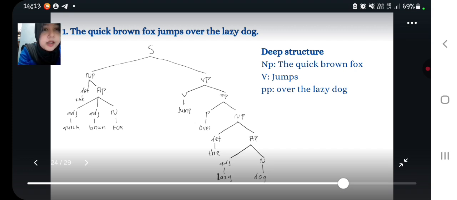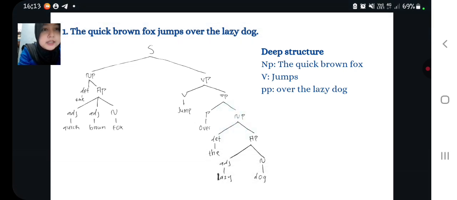Preposition over and noun phrase contain determiner the, and adjective phrase. Adjective is lazy and noun is dog. The deep structure: there are noun phrase, the quick brown fox, and the verb is jumps, and prepositional phrase is over the lazy dog. The preposition is over.